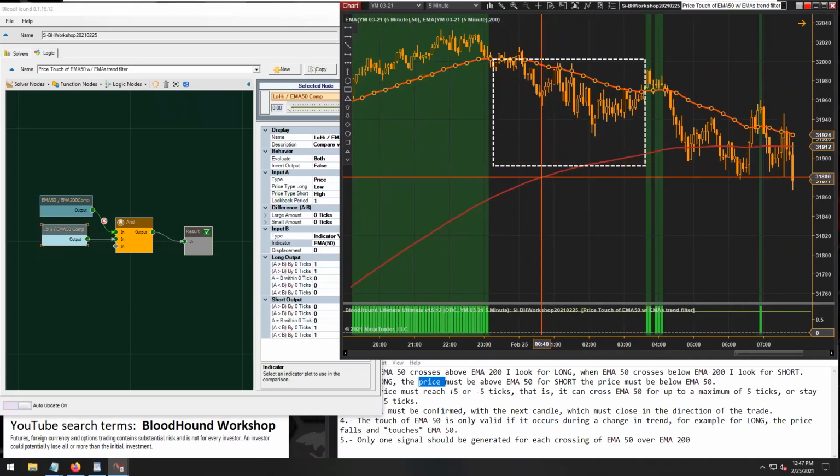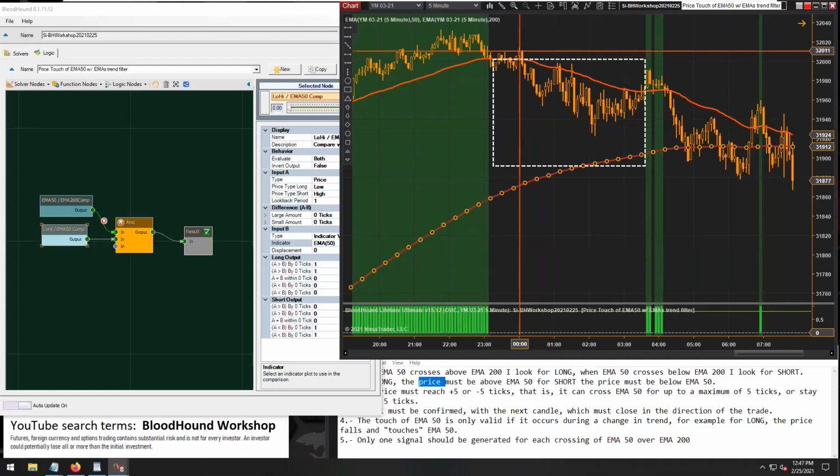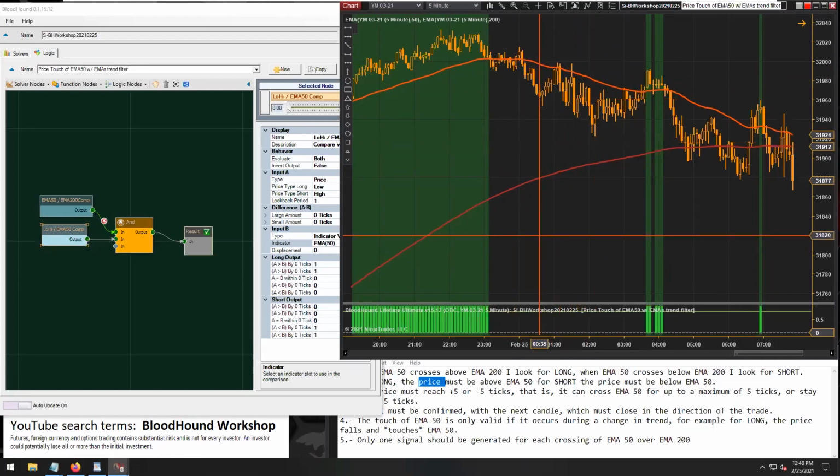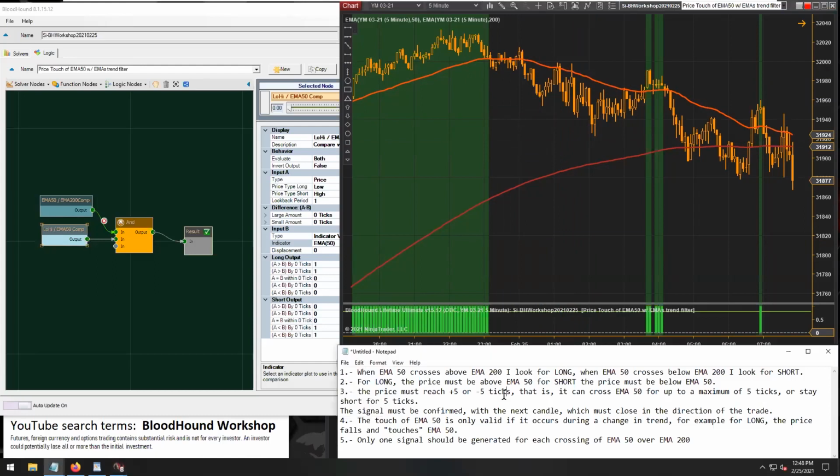The 50 is above the 200, but the bars are basically below the 50. Okay, so there's that. All right, so now the detection of price getting within this plus or minus 5-tick range.